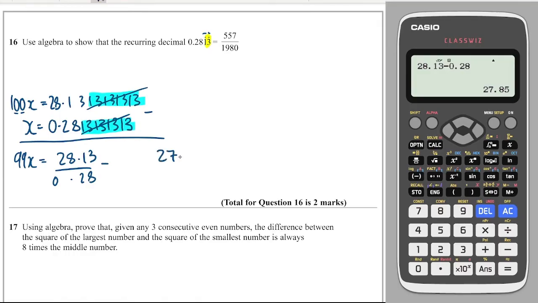So it's 27.85 over 99. I would then type that into my calculator. I'll divide it by 99, and it will come out with my correct fraction here. So I know I've got it correct. And we are done.